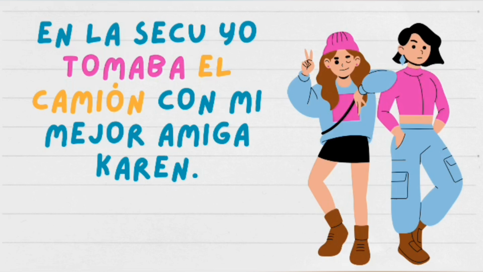Okay, so if you want to say, in junior high school, I took the bus with my best friend Karen. In Spanish, you have to say, en la secu, okay, in junior high school, I took the bus, yo tomaba el camión with my best friend, con mi mejor amiga, Karen. Okay?